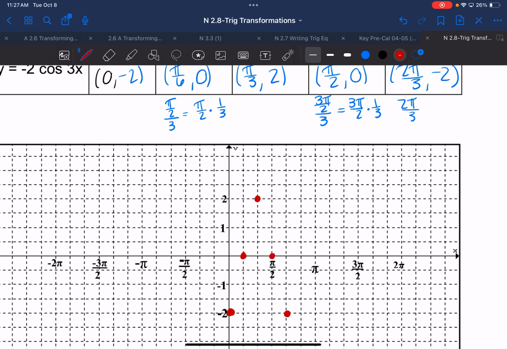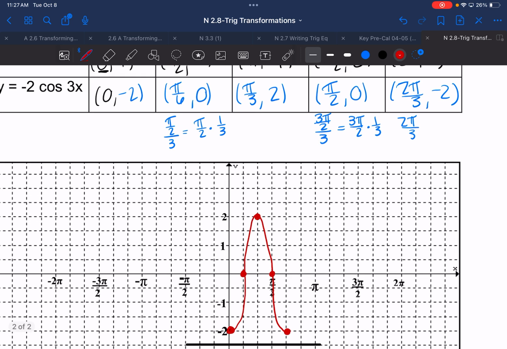If I were to connect these points, this is one full cycle of cosine. Normally cosine starts at a maximum, but we had a negative in front, which we said would reflect it. That's why it starts down at the bottom now. We also said because of the 2, it stretched it up tall, which is why this one's stretched tall and skinny.